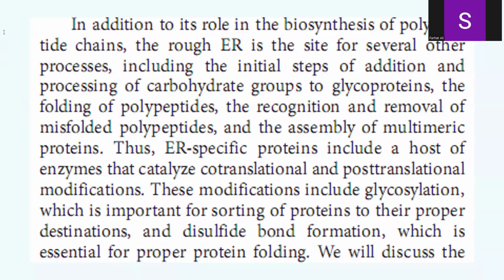Then the proteins are sent to the Golgi. In addition, some of the proteins need to form disulfide bonds. The disulfide bonds are formed between the sulfur atoms of the amino acid cysteine.